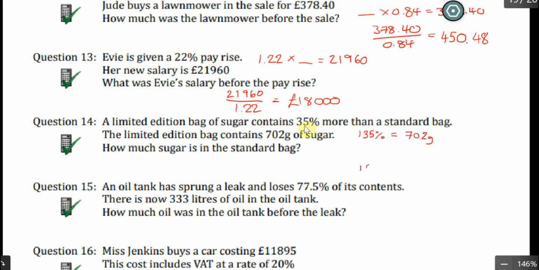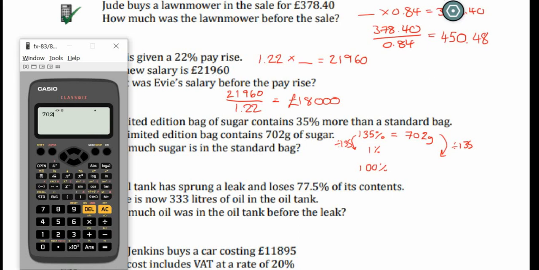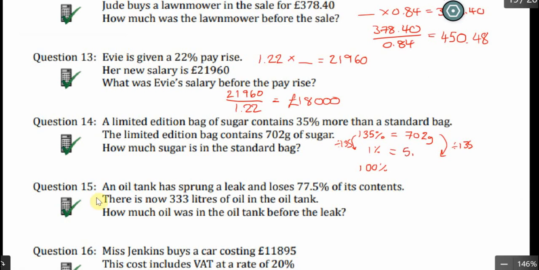And we want to turn this back into 100%. So I'm going to turn this into 1% by dividing by 135. So 1% is 5.2 grams. So 100% will be 520 grams.